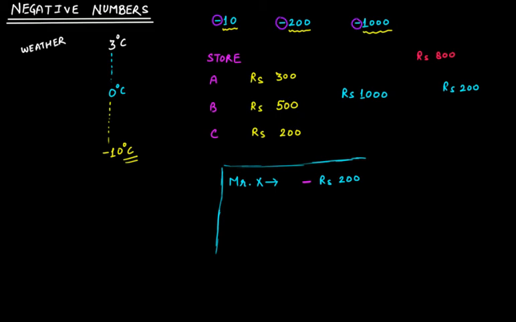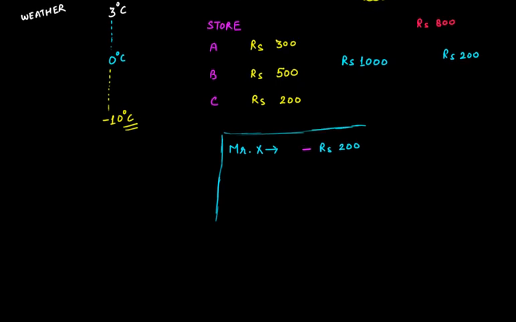So let's say that you are a shopkeeper of your store, and you have items, say A, item B, item C, item D, and item E. So at the end of every month, you calculate whether you are in a profit or in a loss for that particular month.